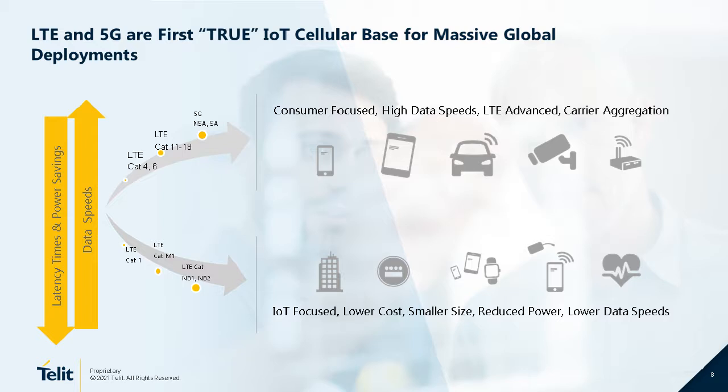So Telit is following both in the broadband space, which for the audience here means the higher data speed, the so-called high Cat, LTE Cat4 and above technologies, while the emphasis of smaller size, IoT focused, low speed, and reduced power consumption, by the way, with a high sensitivity on the RF, resonates extremely well with LTE-M, Cat M1, and as well with narrowband IoT.